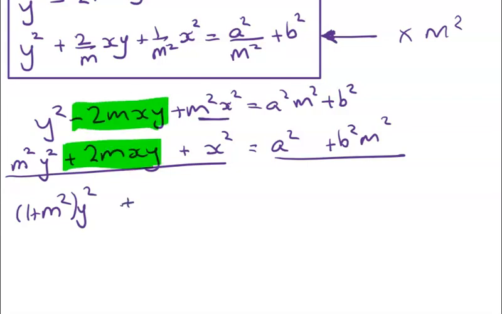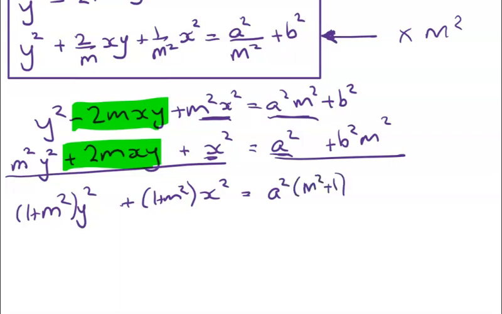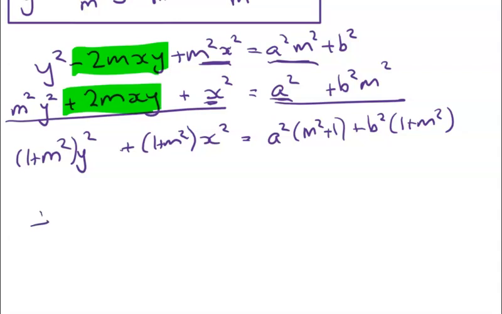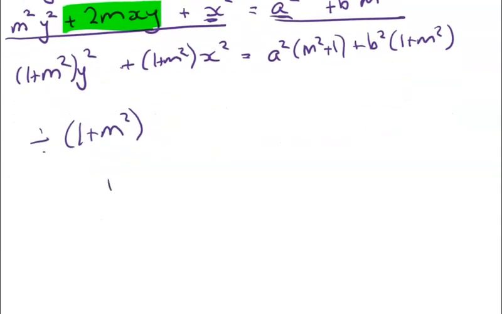And here I get m squared x squared plus x squared, so 1 plus m squared times x squared. Here, the same pattern, I get a squared times m squared plus 1 plus b squared times 1 plus m squared. So we can divide everything through by 1 plus m squared, and we get y squared plus x squared is equal to a squared plus b squared.